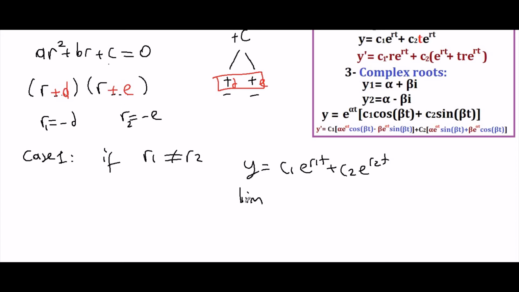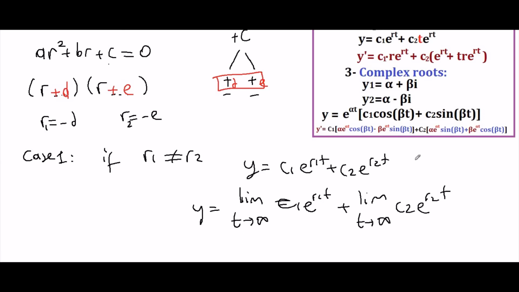The limit as t approaches infinity of c1 e to the r1t plus, we can separate the limits because of linearity, c2 e to the r2t. We know that the r2 value and r1 value are negative, and when we plug in infinity we obtain e to the negative infinity here and e to the negative infinity here.